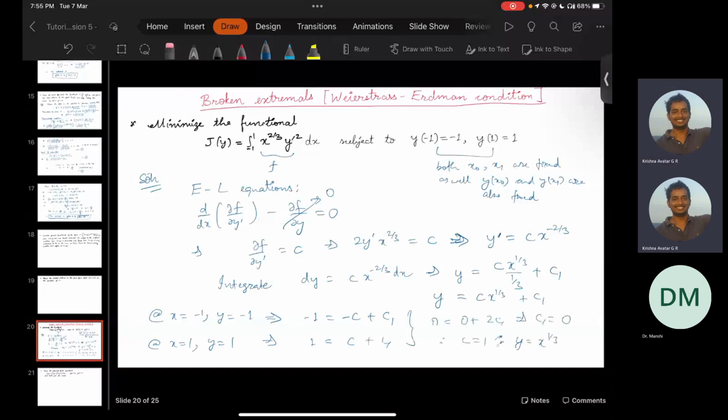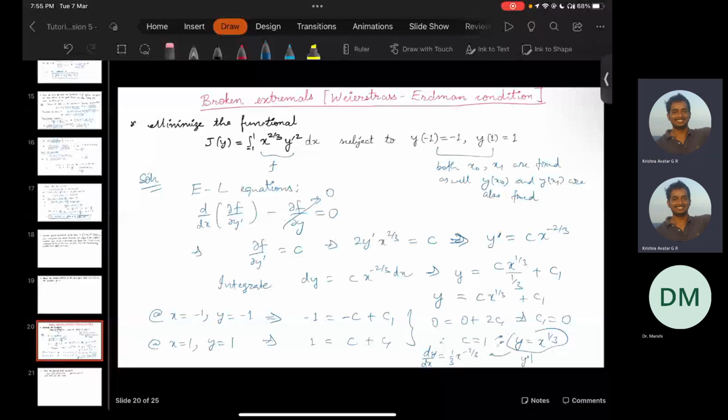Now, there is one caveat here. Although we are able to obtain the solution, dy by dx is equal to 1 by 3 into x to the power minus 2 by 3. What we see here is that dy by dx is not a finite value at x is equal to 0.